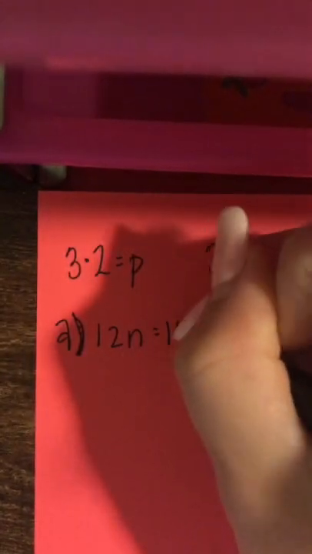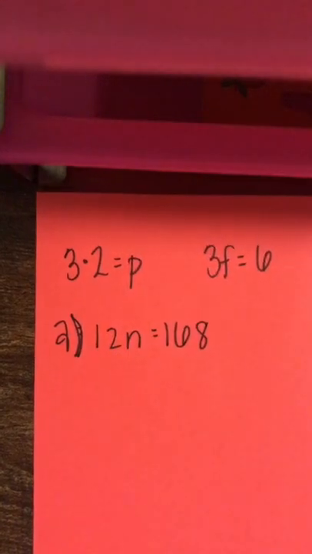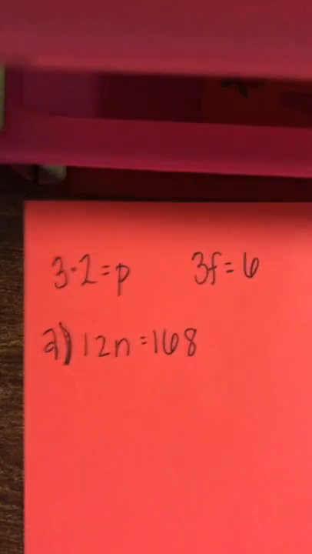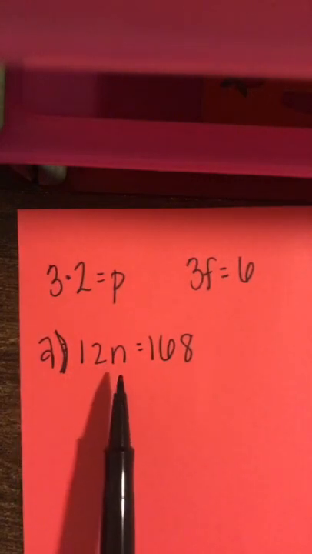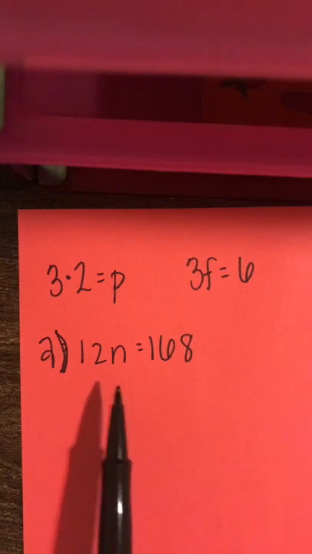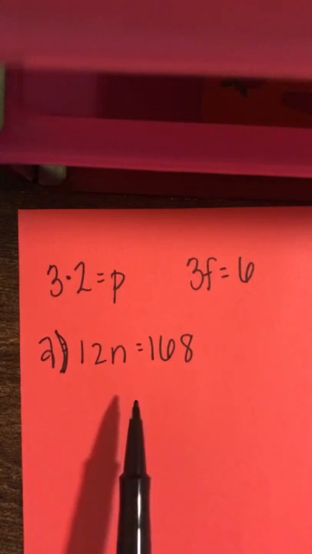n equals 168. Just like we did in all of the other examples, we need to isolate this n. So we need to solve for what this unknown variable is. What times 12 gives us 168?